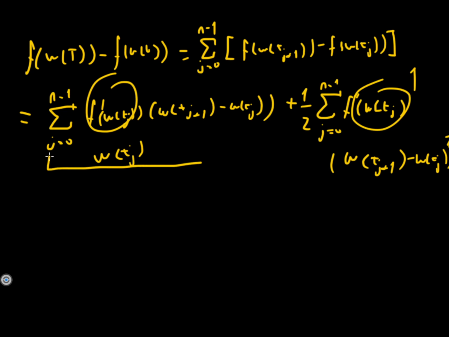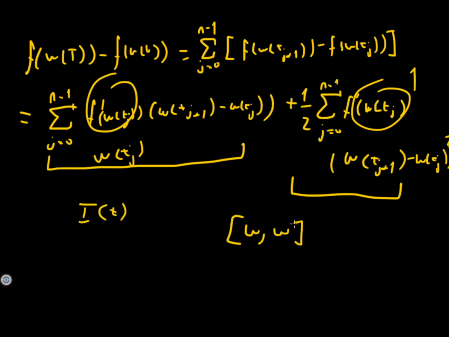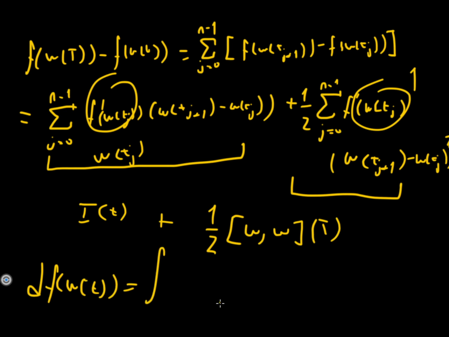So simply this can be expressed as the Ito integral, and this can be expressed as the quadratic variation halved. And so we show that the differential can be expressed in terms of the Ito formula, which is, again, as I stated, given as such.